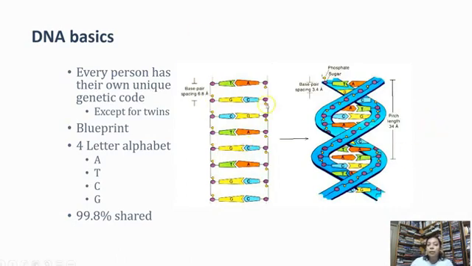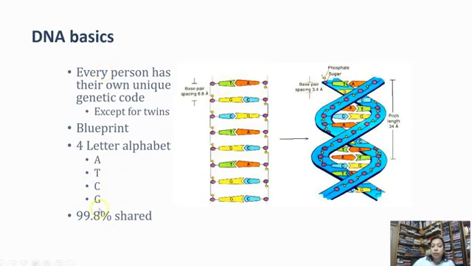So to do that, we would need to know the actual DNA sequence of that particular gene. Just to go back and review some of the DNA basics, each person has a unique genetic code, except for identical twins, who will share the same thing. It serves as the blueprint for each individual, and it's composed of 4 nucleotides, the A, T, C, G, right?